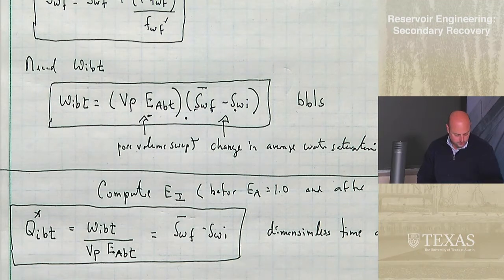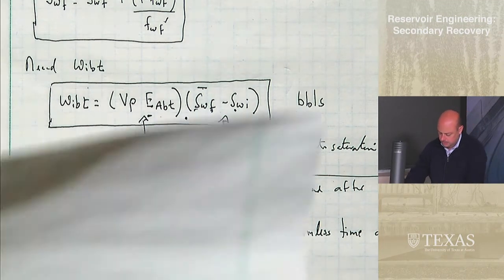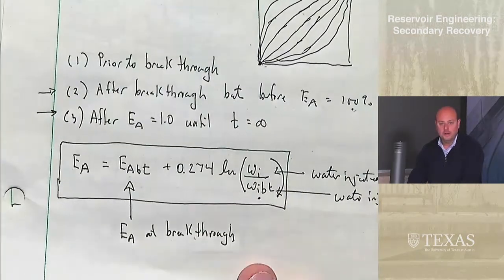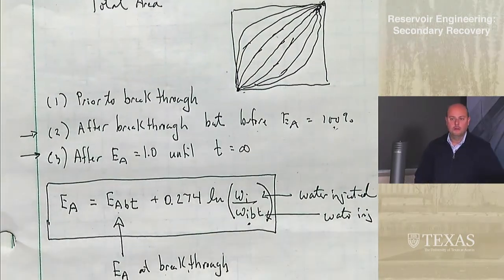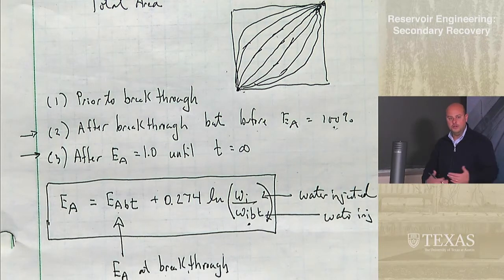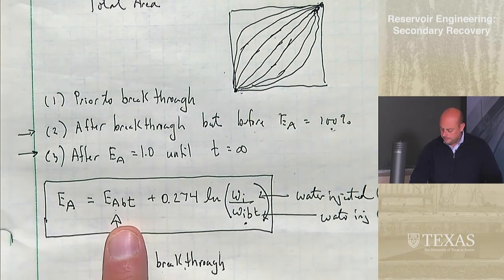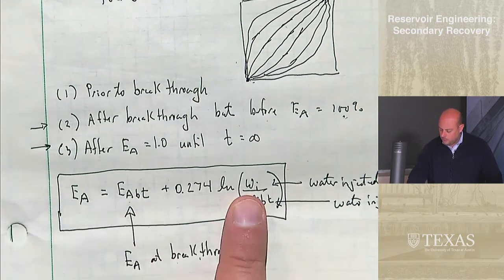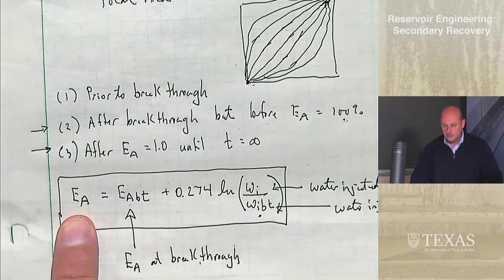And if we go back to our formula for EA, I'm talking about this formula right here. This is the equation for areal sweep efficiency. We could use it to determine how much water we need to inject in order to get to 100% areal sweep efficiency.